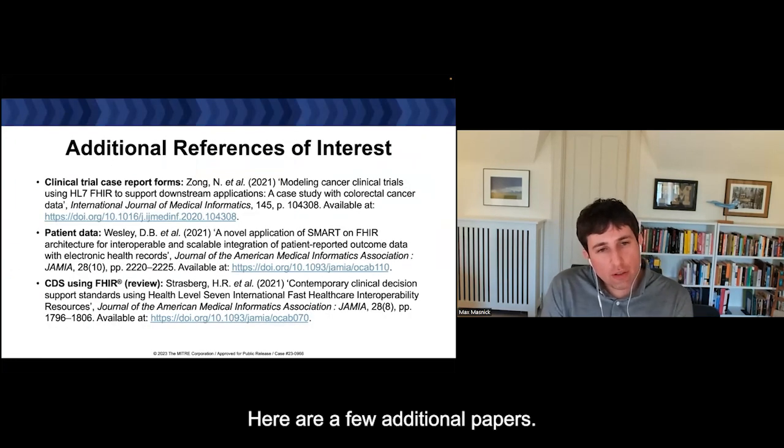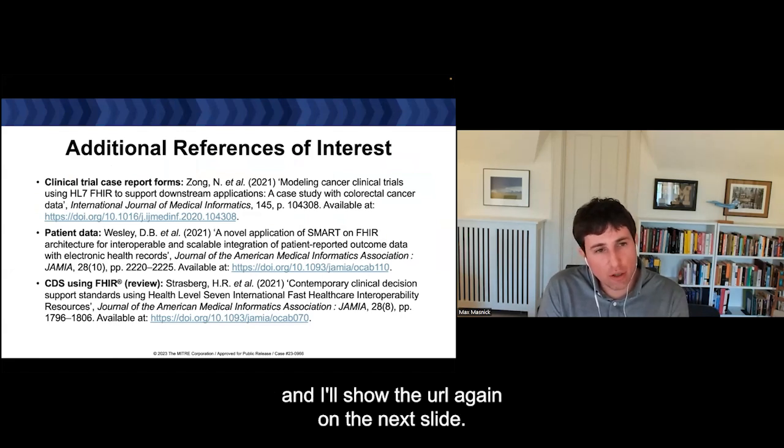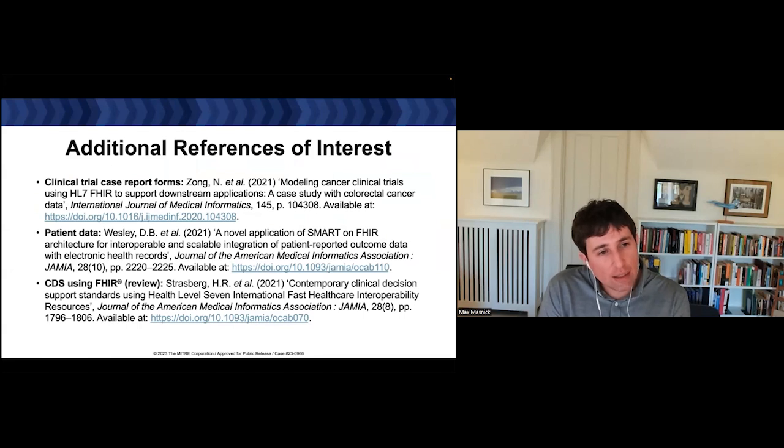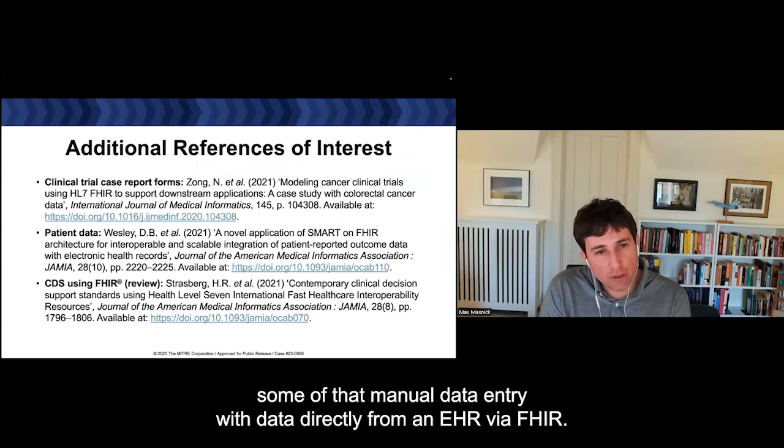Here are a few additional papers. These are also linked on that webpage I linked to before, and I'll show the URL again on the next slide. The first of these is another paper on clinical trial case report forms. This is another example of just being able to replace some of that manual data entry with data directly from an EHR via FHIR.